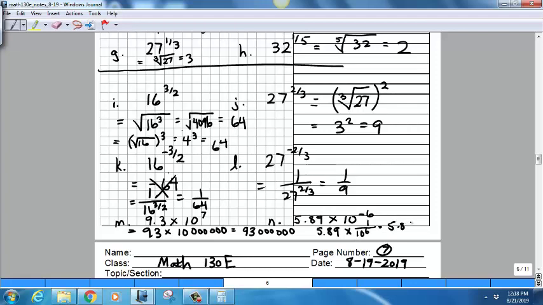So you have 5.89 times, and it gets really awkward to write this out. 1 over, I can't even fit all the zeros in there. It's supposed to be 6 zeros. So you have 5.89 times 1 millionth. That ends up being, I think, 0.000000589. So a really small number there.